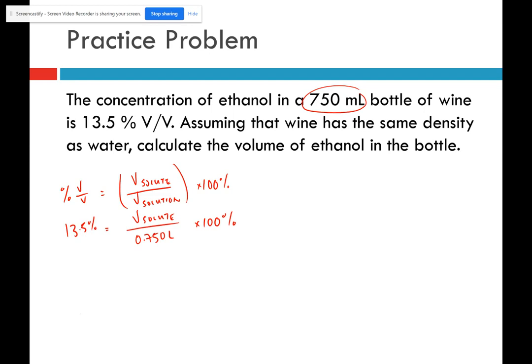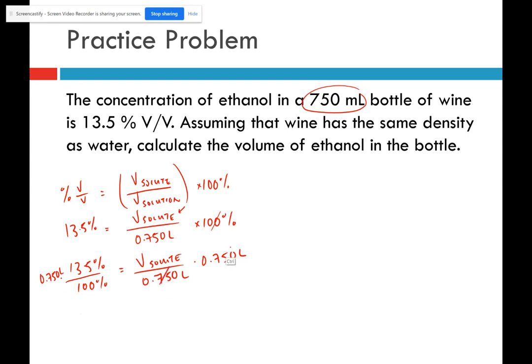Okay, so to get volume of solute by itself, I'm going to divide both sides by 100 first. Okay, that's to get rid of this 100, so cancel this out. And I'm also going to multiply both sides by 0.75 liters.